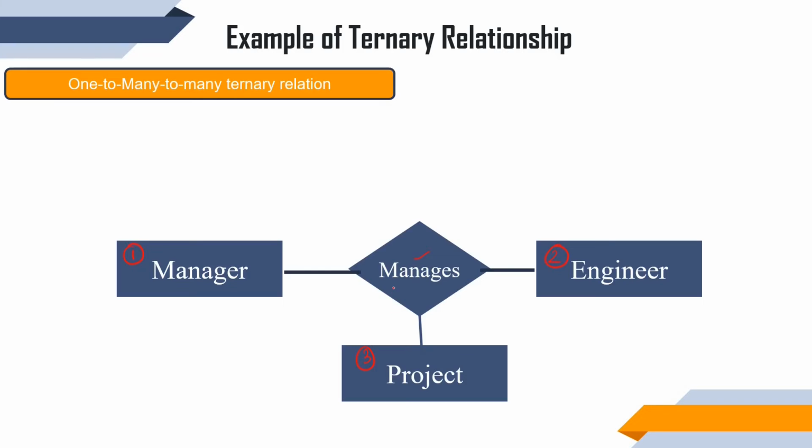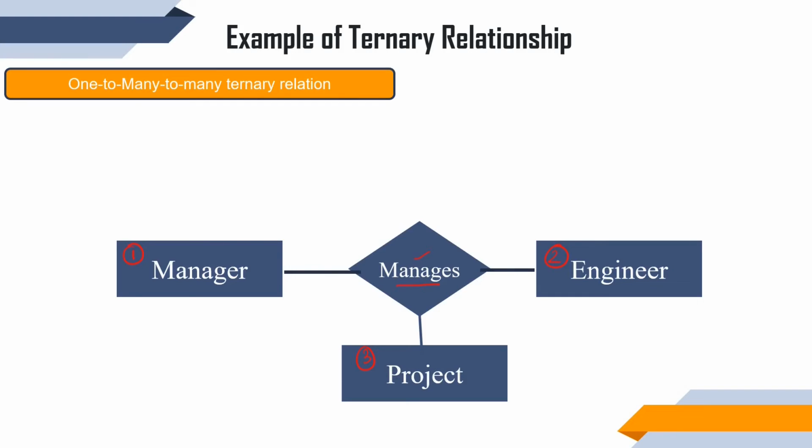Now, how can I find out the cardinality of this kind of ternary relationship? Let's start. Suppose I have manager, engineer, and project, and the relationship name is, suppose, manages. Now I will first explain what a one-to-many ternary relation is.